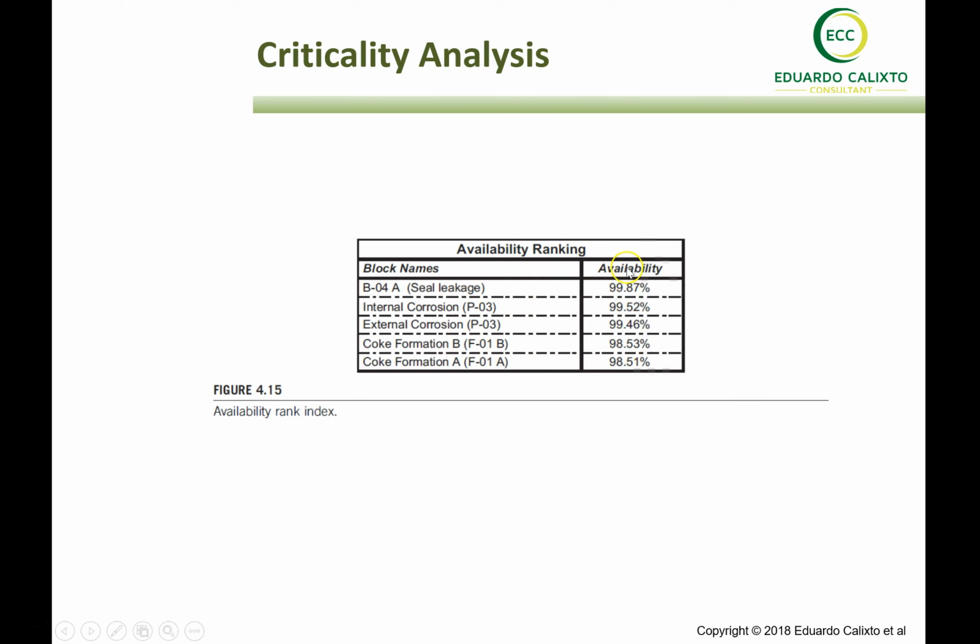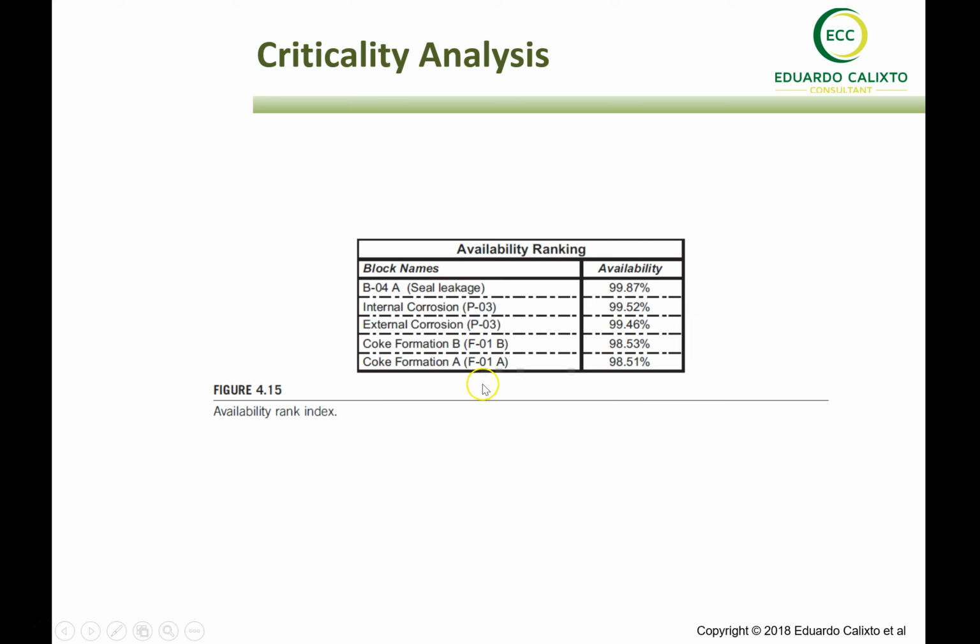So if I calculate the operational availability here, it will be the product of all these operational availabilities: 99.87 multiplied by 99.52 multiplied by 99.46 and so on. This result will be lower than 98.51. So if I decide to increase this one, I increase my operational availability. That's why the availability rank is very important information for implementing improvements in the equipment.